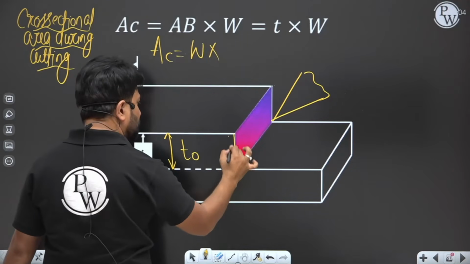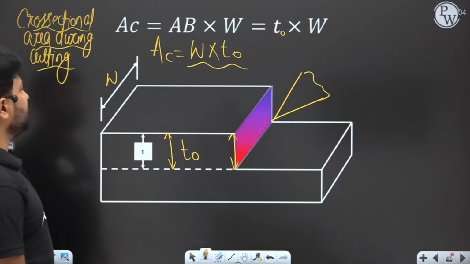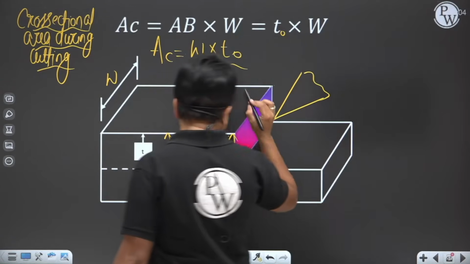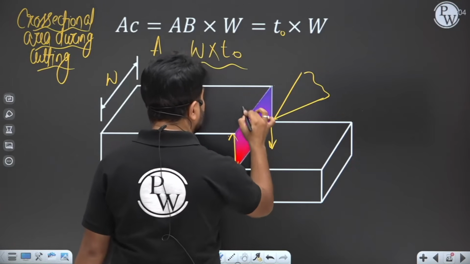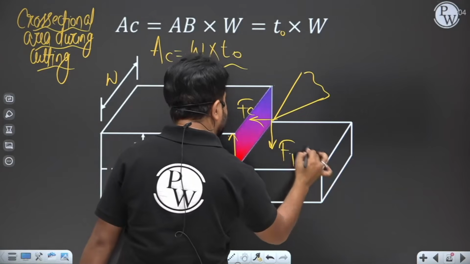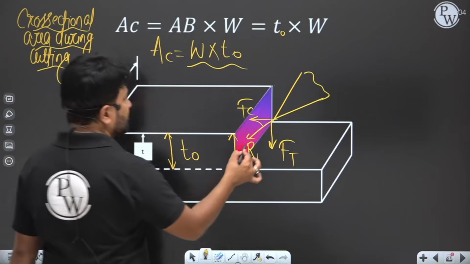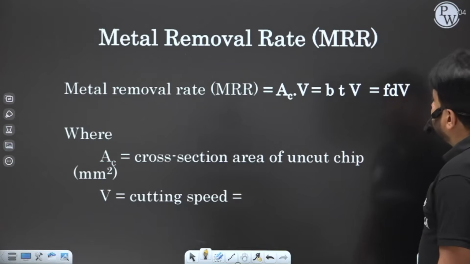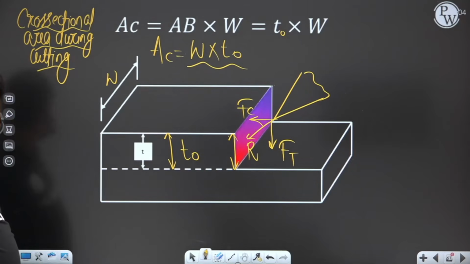That is the area on which you apply the forces Fc and Ft, the resultant or actual cutting force. I hope you now understand the meaning of cross-sectional area, my dear student.